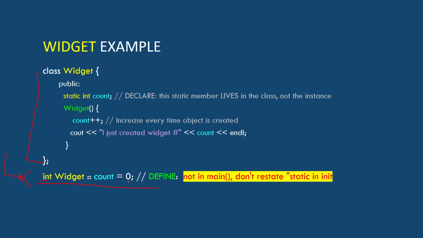Okay. So anytime you have a static that needs to be initialized, that's what we have to do. Okay. And notice that we're not putting the word static in it down here. We're just saying int Widget::count, right? Int Widget::count. Okay, question?